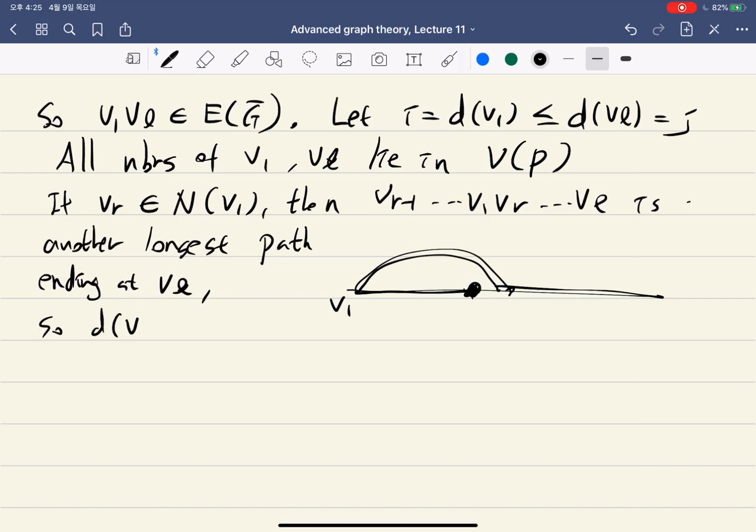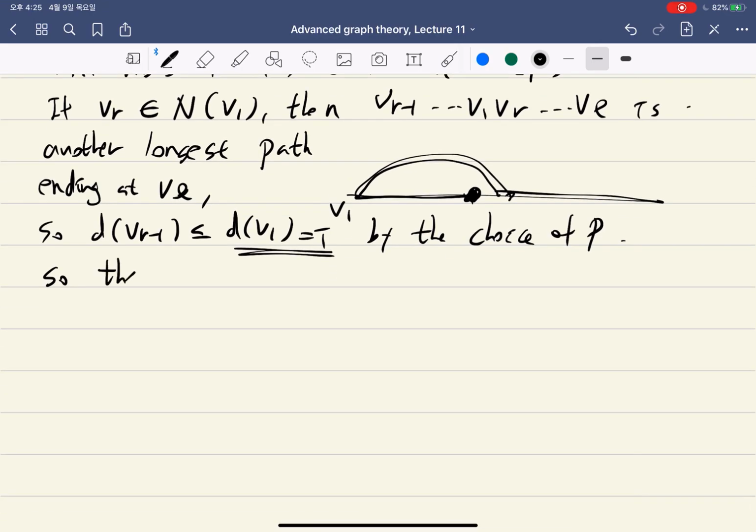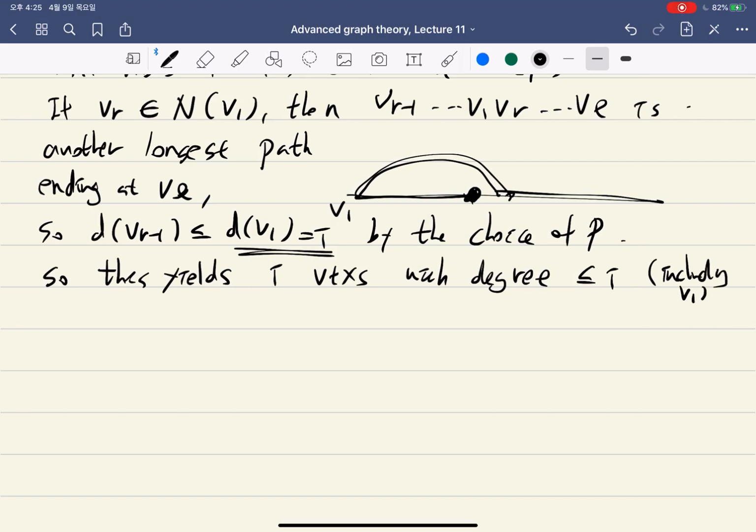So degree of Vr minus 1 is at most degree of V1, which is i, by the choice of P. This holds for all neighbors of V1. So this yields i vertices with degree at most i, including P1. So d sub i is at most i.